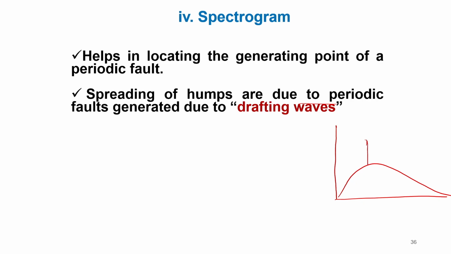If it is due to a roller defect, there will be a perfect chimney or hump at a perfect location. But if it is due to drafting wave, there will be a series of humps. This spreading of humps will show that there is a problem of drafting wave. Okay.